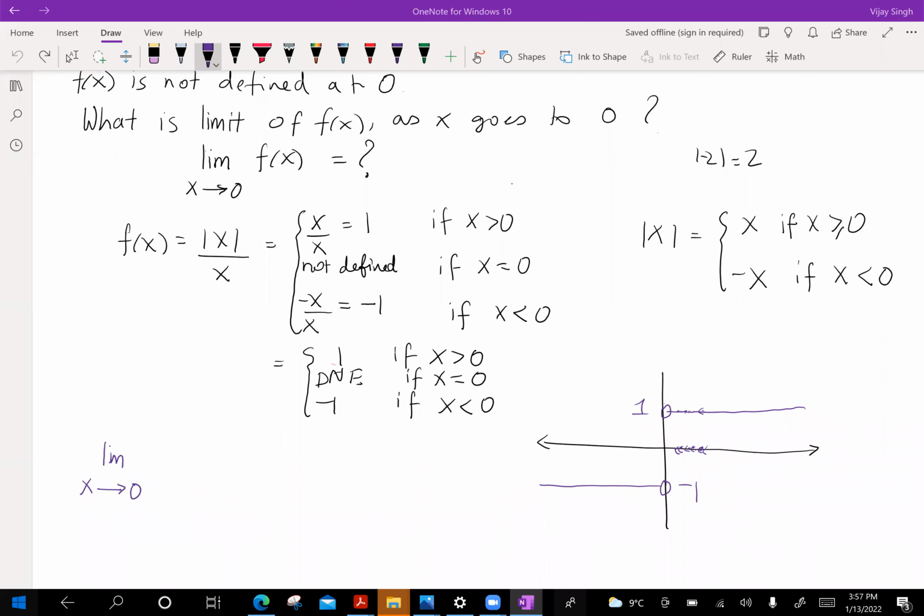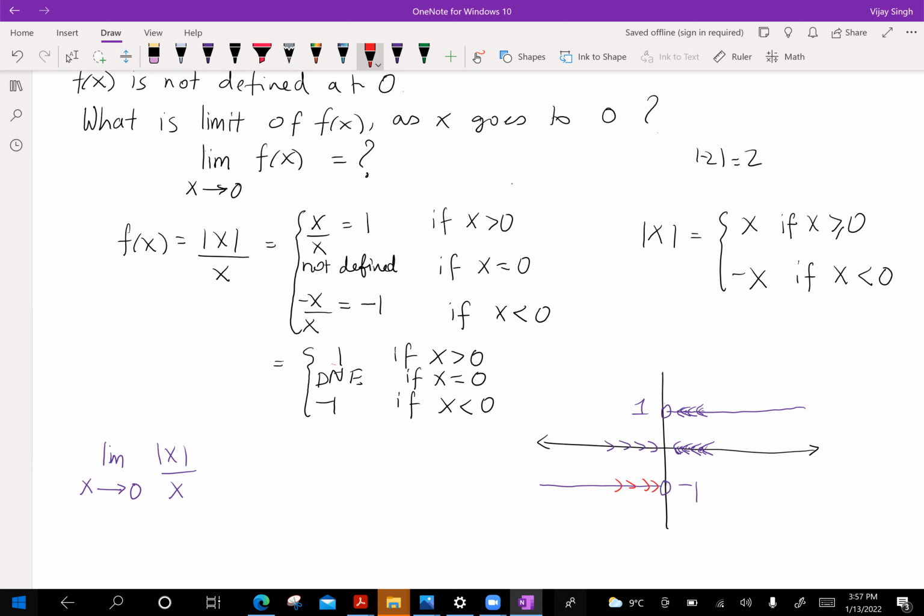So let's answer this question. What is the limit of the absolute value of x over x as x goes to 0? You can see that if x approaches from the right hand side, the limit is basically 1, right? And if you approach from the left hand side, the function is approaching minus 1.